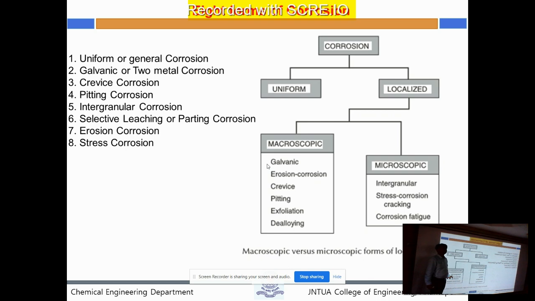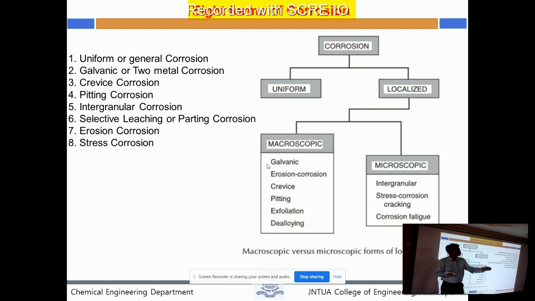Intergranular. What is intergranular? I have to look at the granule size. As I said in the previous case, the nature of a metal: if the grain size is very small, more corrosion, because a smaller grain size means more active area, more surface area, more active, more corrosion. So I have to look at the intergranular states.